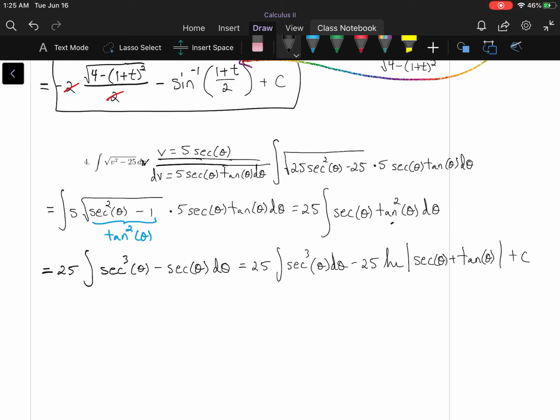We still need to figure out how to evaluate this secant cubed.